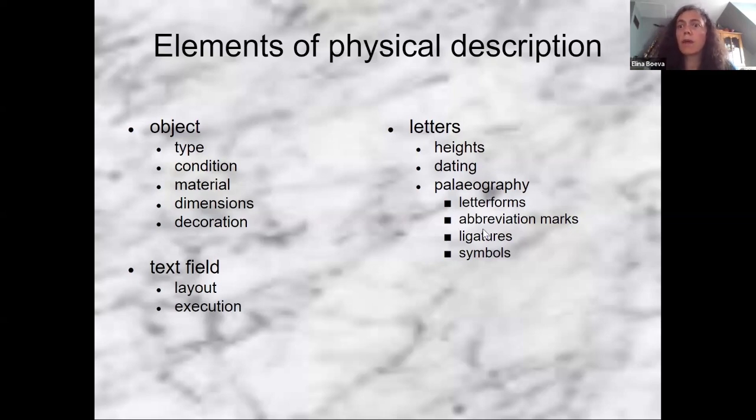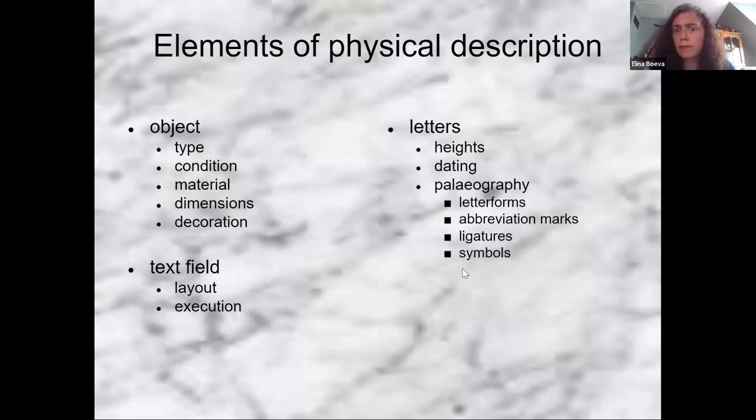Now, letters, of course: letter heights, just like in the printed edition, dating, paleography, different letter forms, abbreviation marks. About abbreviation marks, you can include them here in the physical description of the monument, or you can leave them for the commentary section. It's up to you. There are two correct ways to put this information. About the ligatures, again, you can have them here, or in the apparatus criticus.